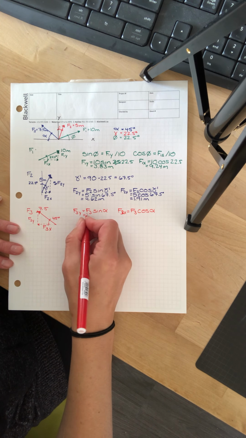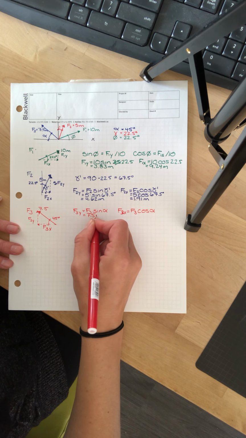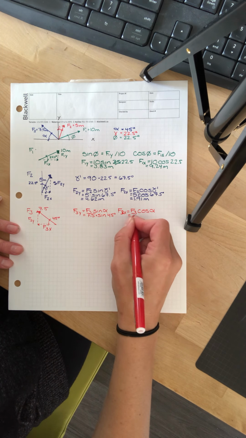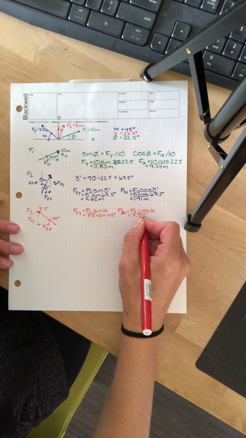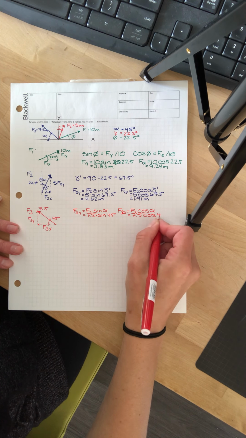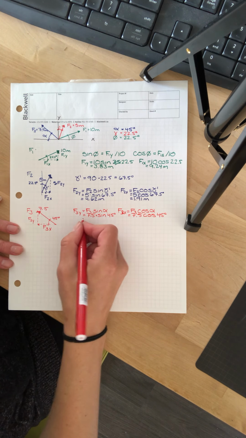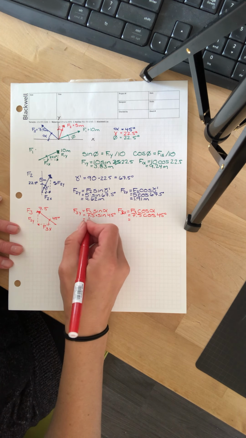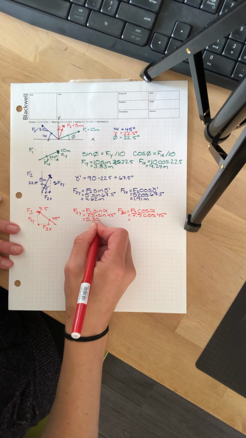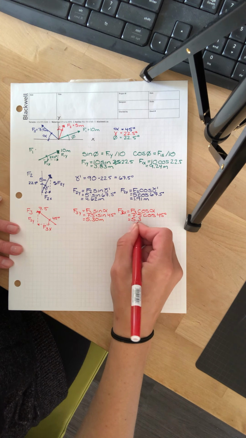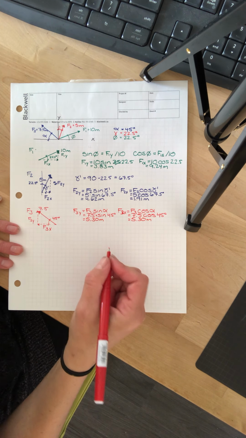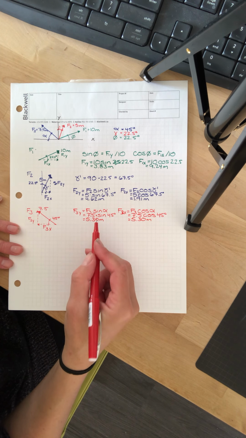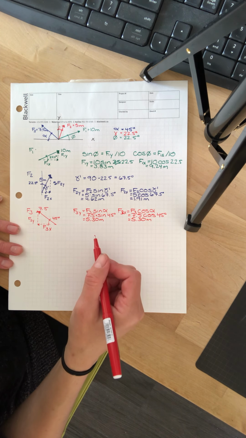We know those values: 7.5 times sine 45 degrees and 7.5 times cos 45 degrees. We can calculate that out and we get 5.3 meters and 5.3 meters. 45 degrees is halfway through 90 degrees, so it makes sense that these should be equal to each other.